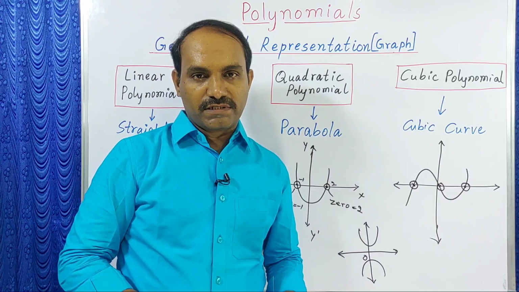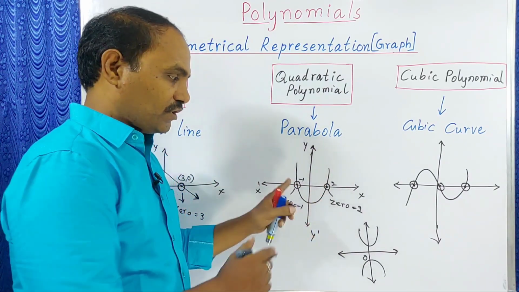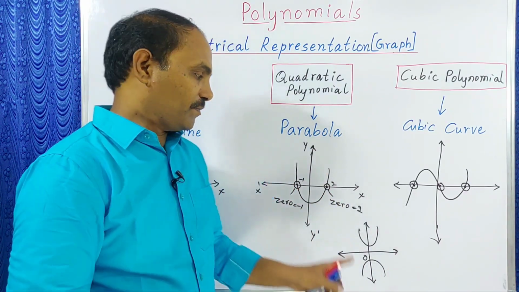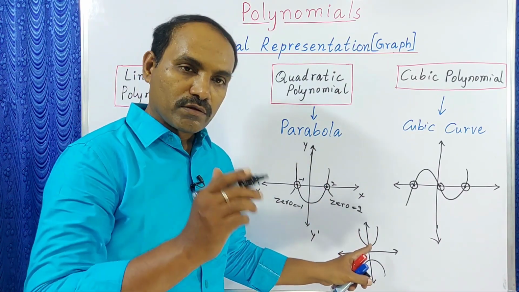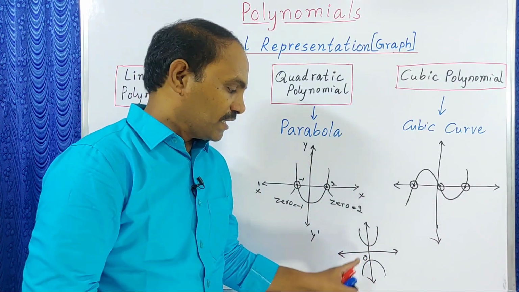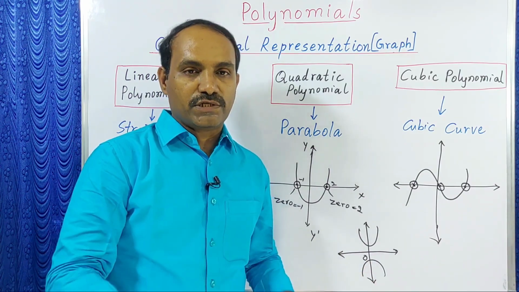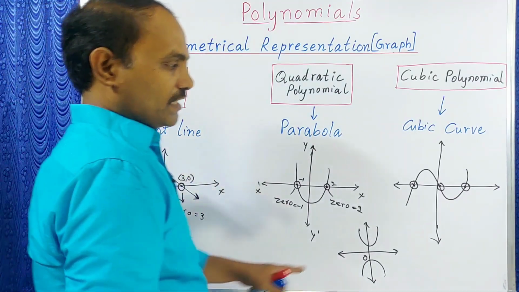Is it understood? If the parabola touches the x axis, then only the zeros are real numbers. If the parabola does not touch the x axis, then zeros are imaginary numbers, not real numbers. No real zeros are there. Real roots, zeros or roots, both are the same. Here also the same.